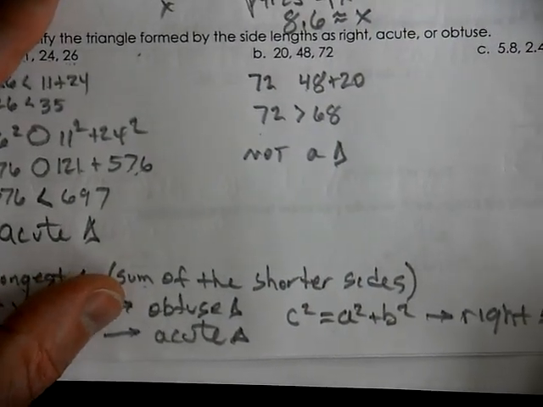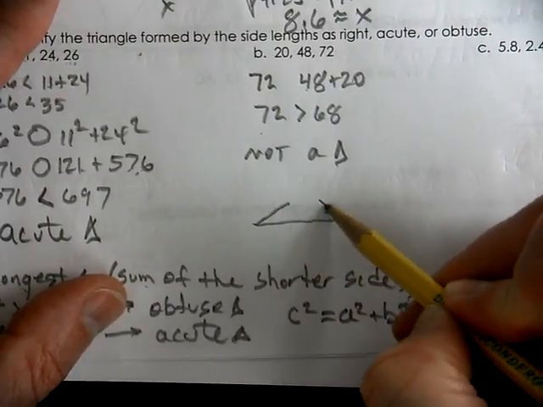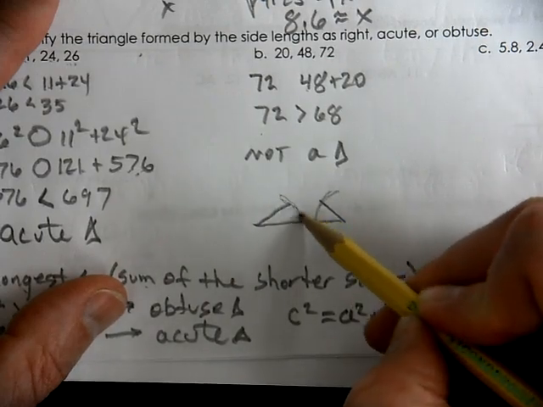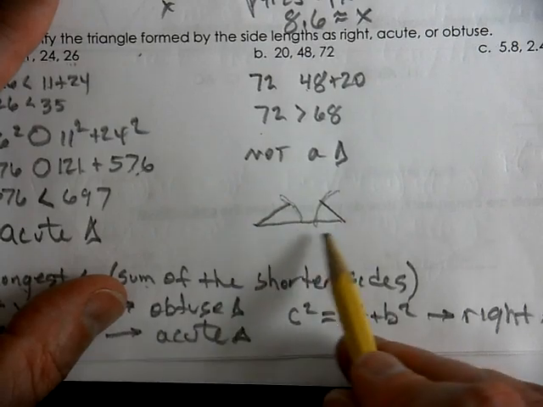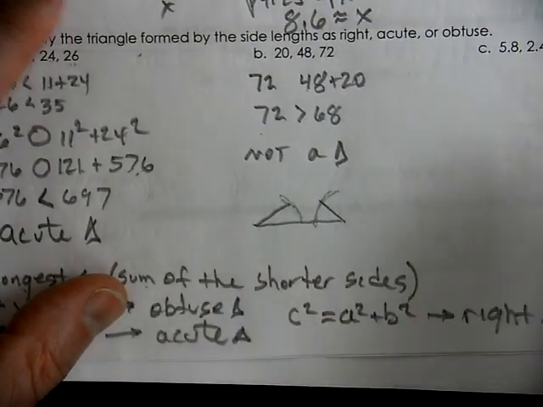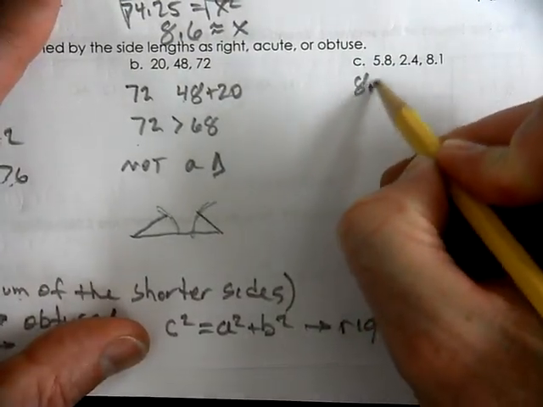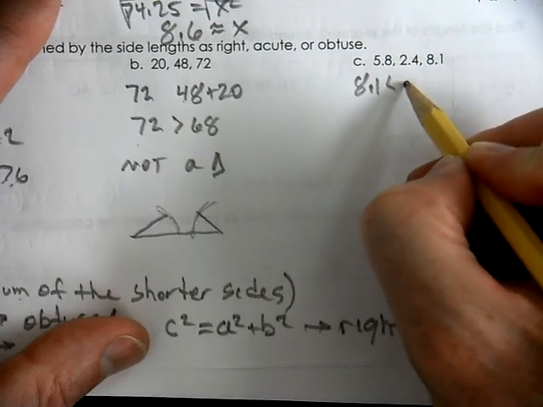Their sides are not long enough. These sides would not touch. If you swung it, they wouldn't touch. They wouldn't fill up the whole thing. 72 is too long.